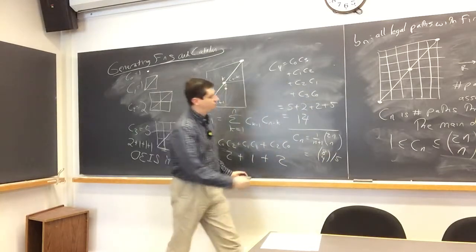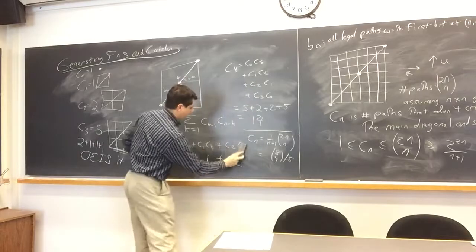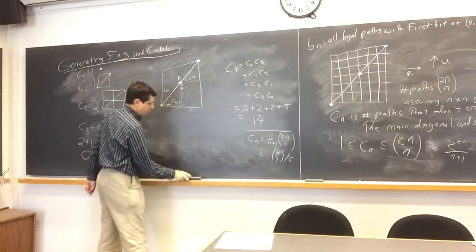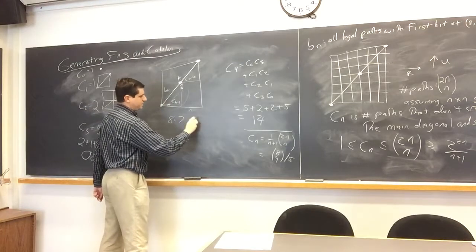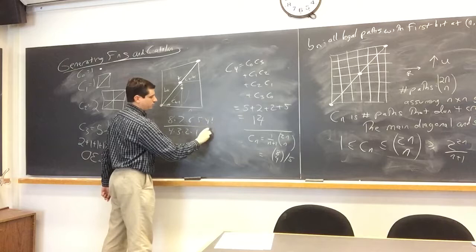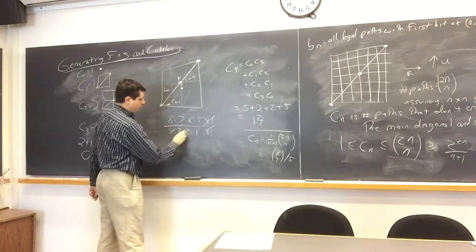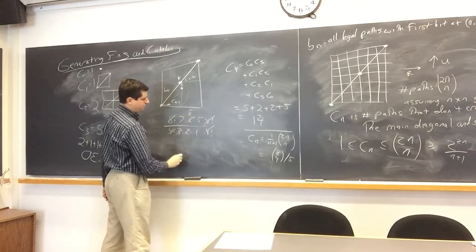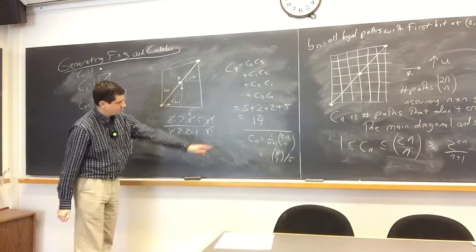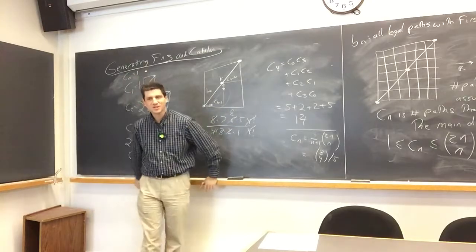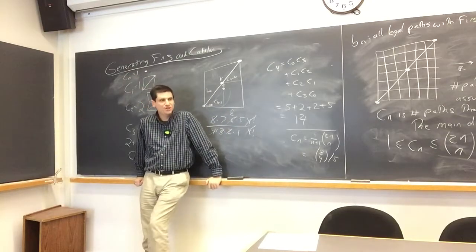All right, 8 choose 4. So 8 times 7 times 6 times 5 over 4 times 3 times 2 times 1, 4 factorial. Those cancel. 4 times 2 is 8. 6 goes into that twice. And then we get to divide by 5. The 5s will cancel. We'll get 14. So the formula is looking pretty good.